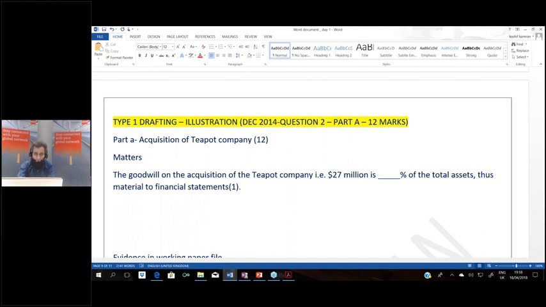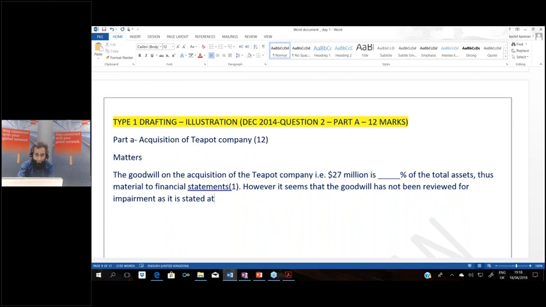You continue writing. However, it seems that the goodwill has not been reviewed for impairment as it is stated at the same value at the year end.